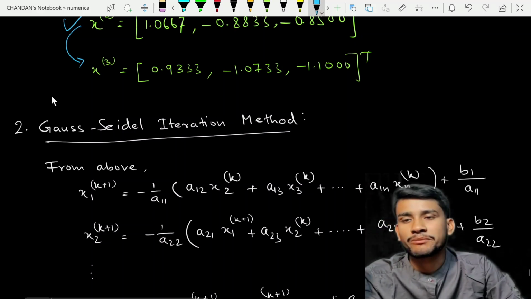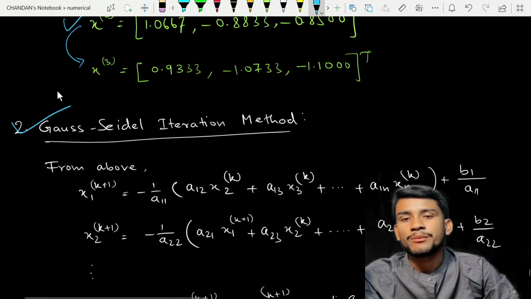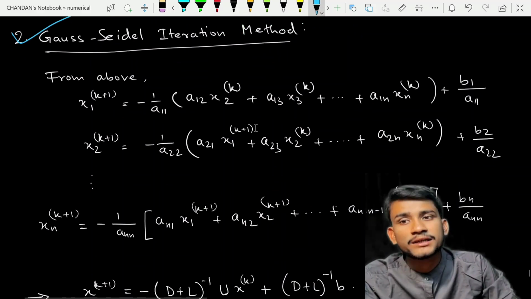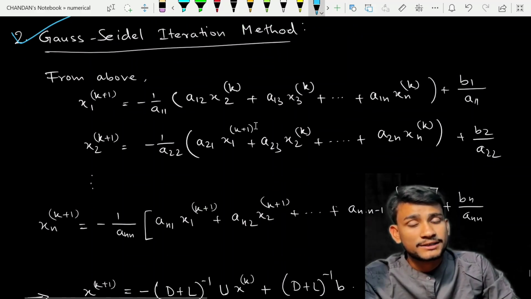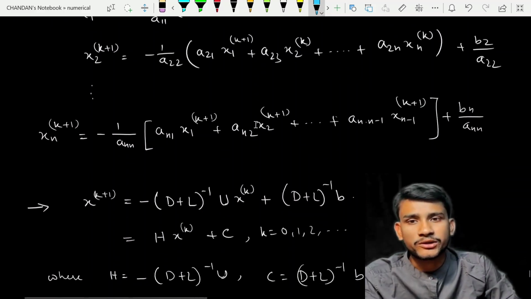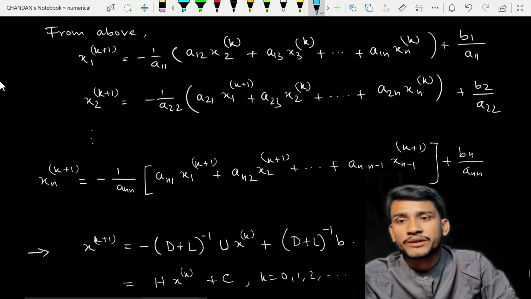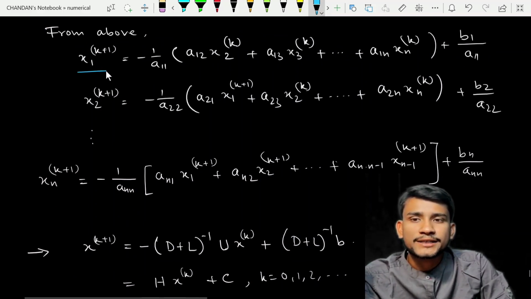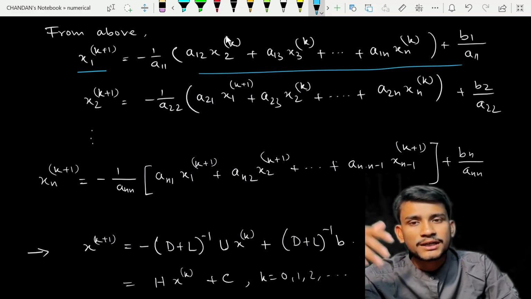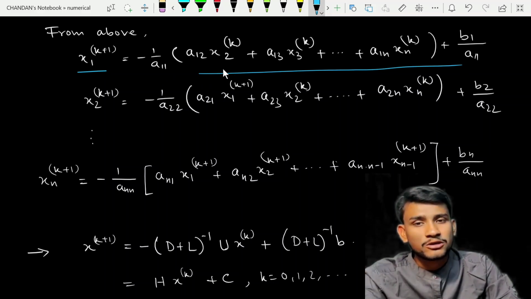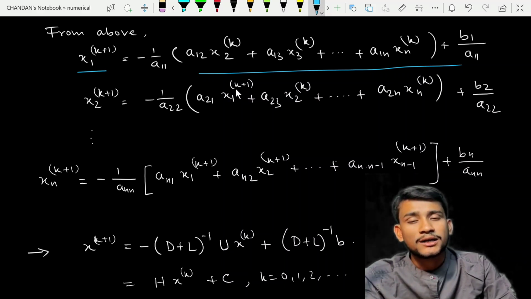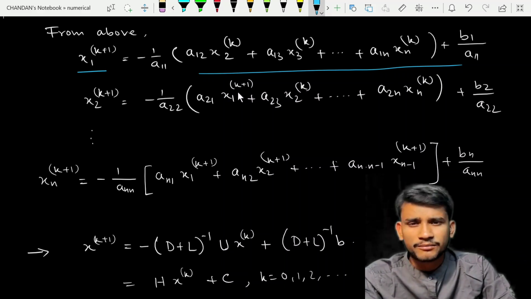Now it comes to the second method, which is the Gauss Seidel iteration method. This is basically the same as the Gauss Jacobi method, but there is some difference. From the above we can write x1^(k+1) equal to this one. In the Gauss Jacobi method, we use the values of x1, x2 and x3 from the previous iteration for the other variables.